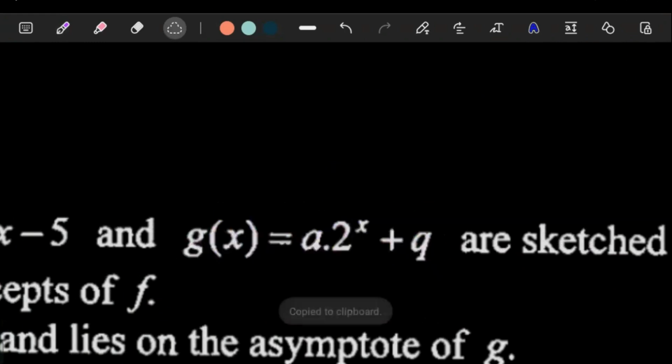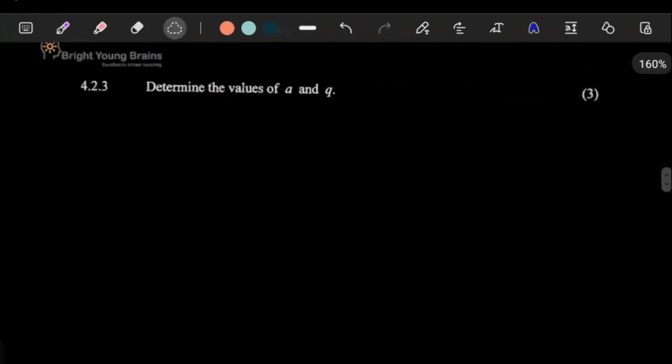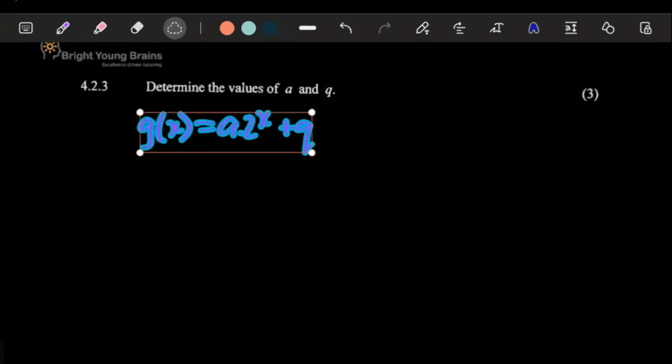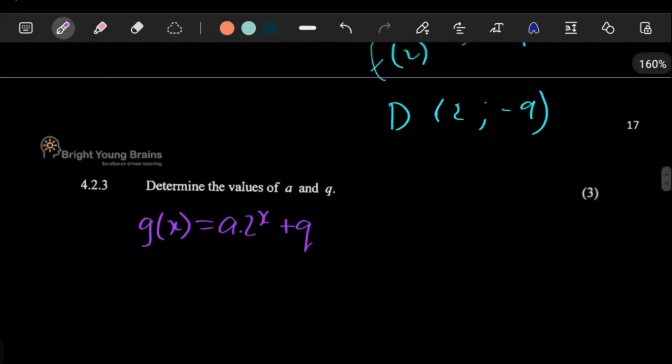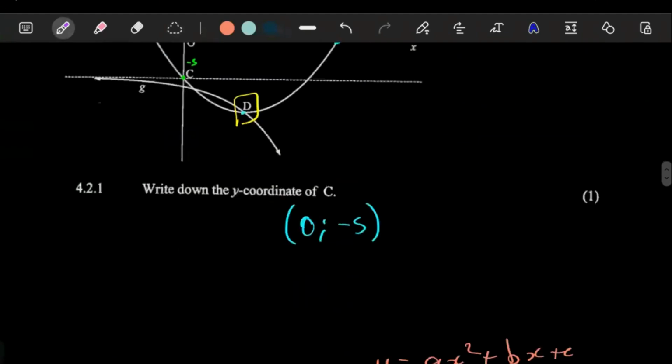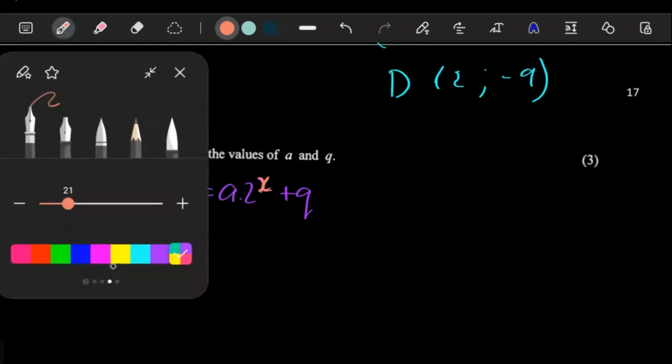Cut this here, and then we're going to have this pasted. Then q we already said is a -5. We can see it. And then fortunately we can just put in a coordinate that the graph passes through to get a value of a. So q, we know it's a -5.